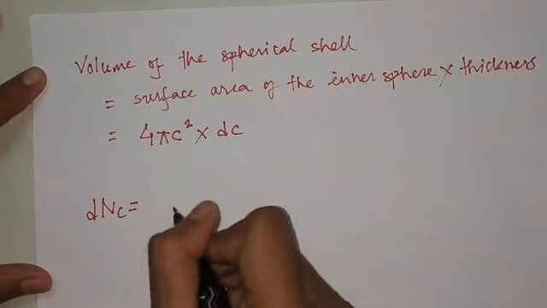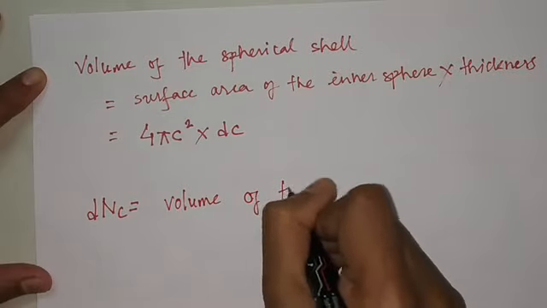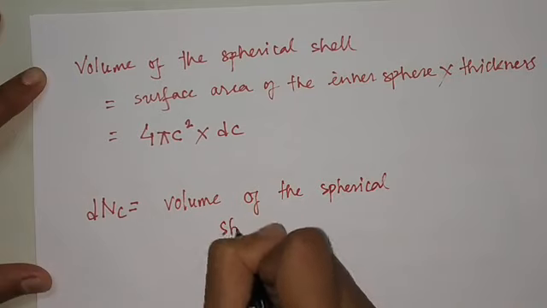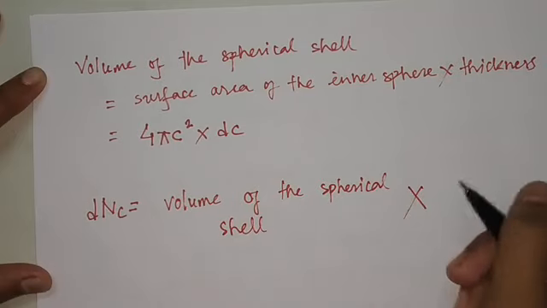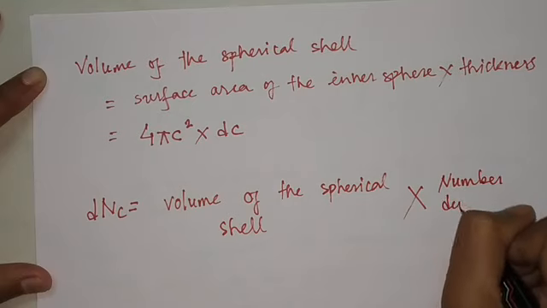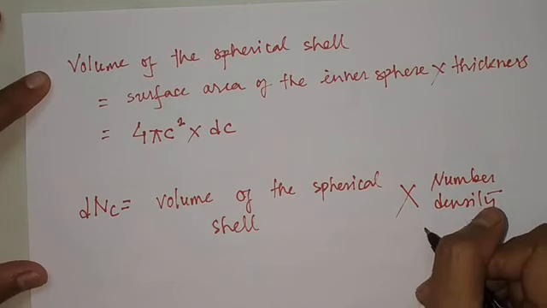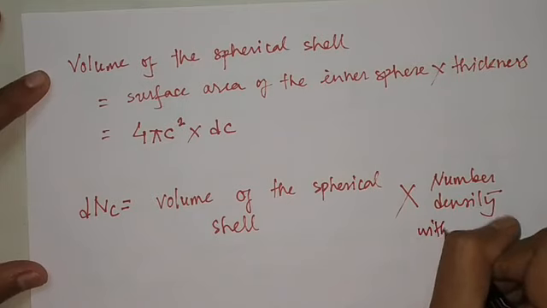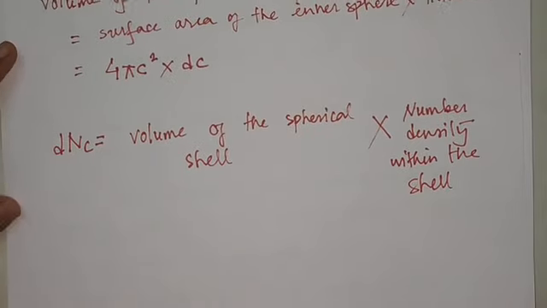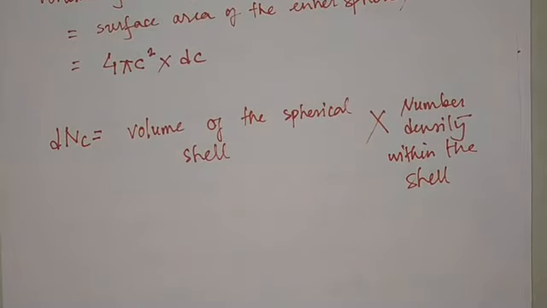So it will be equal to the volume of the spherical shell into the number density within the shell. Okay, why is it the volume of the spherical shell and the number density within the shell?